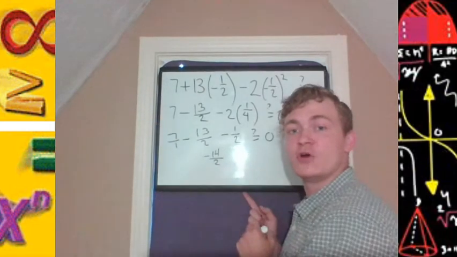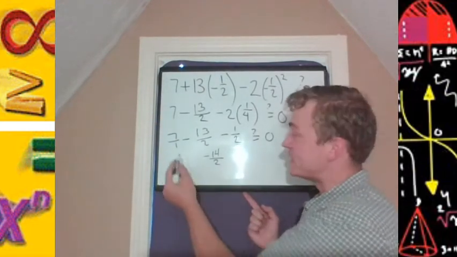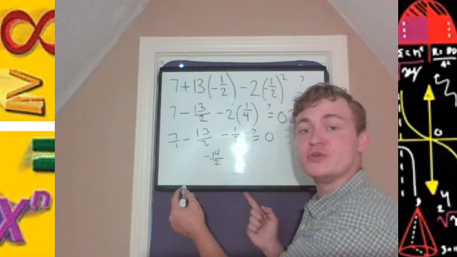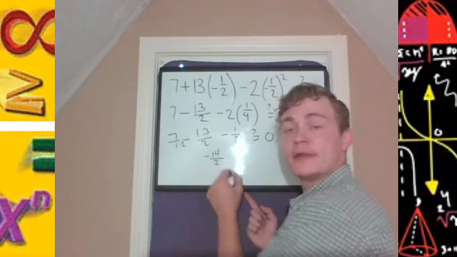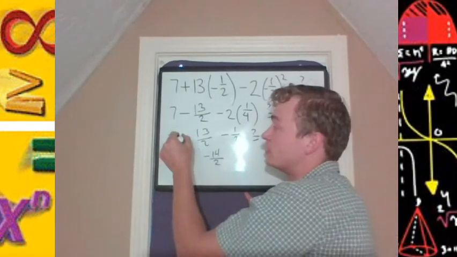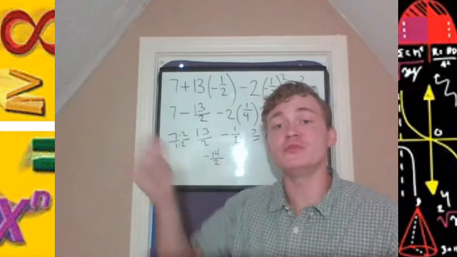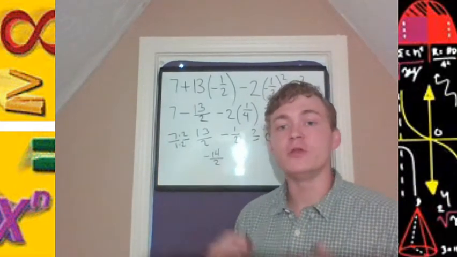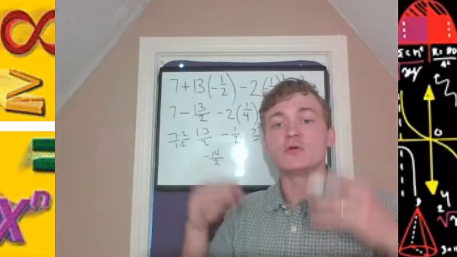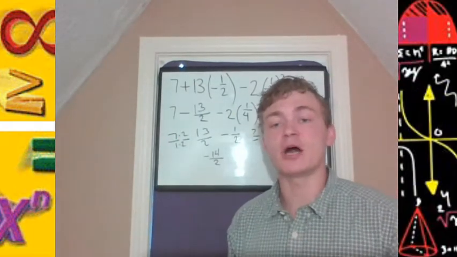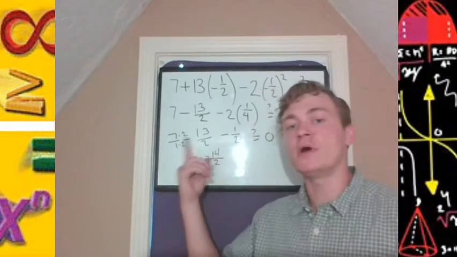But what about this 7 over 1 right here? Well, to get this number to have a denominator of 2, I will multiply the denominator by 2, but I must also multiply the numerator by 2. That's how we build up fractions. We just introduce a common factor. Normally, we reduce or simplify by canceling a common factor. But in this case, we don't want a simplified fraction.